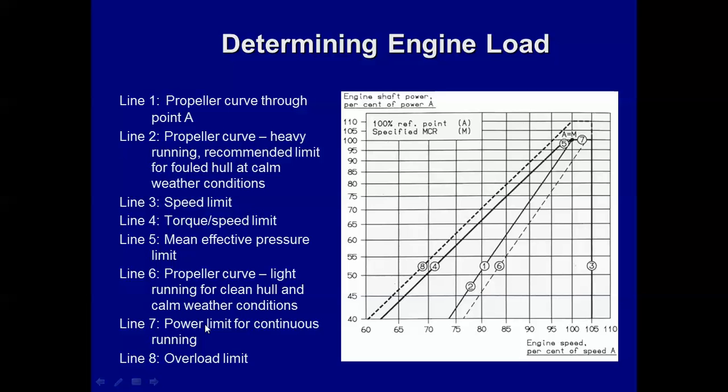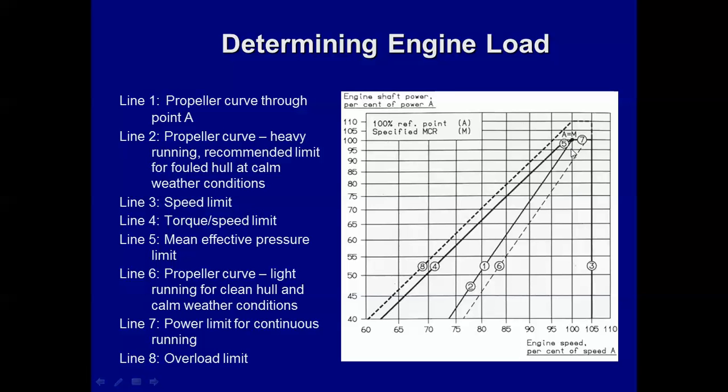Now, number 7, power limits for continuous running. This is the maximum RPM on the engine, or excuse me, the maximum rack setting. Limit 4, torque speed limit, right in here. Now let's say I'm running at 95% of my rated horsepower, and I'm right in here.